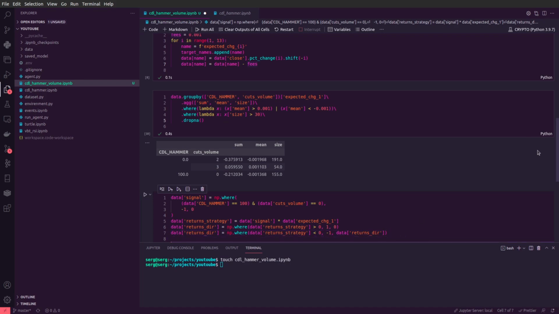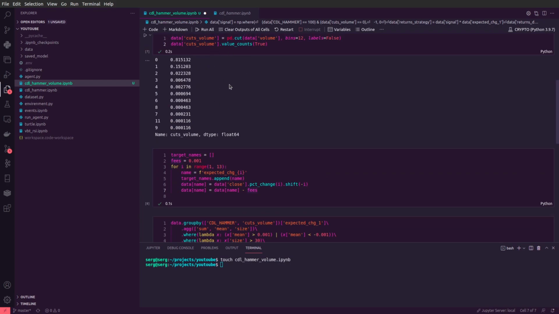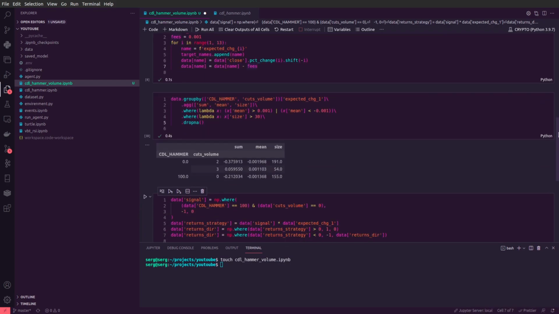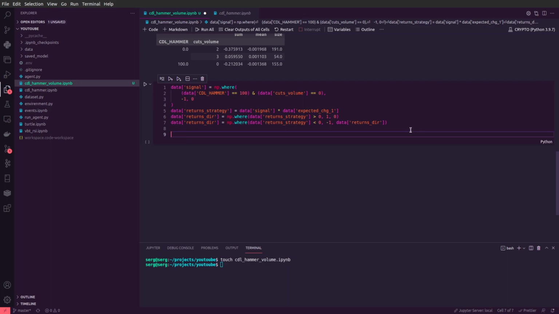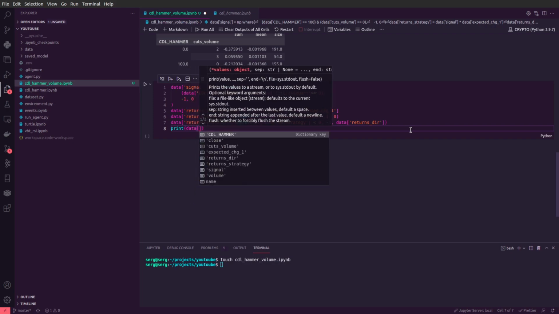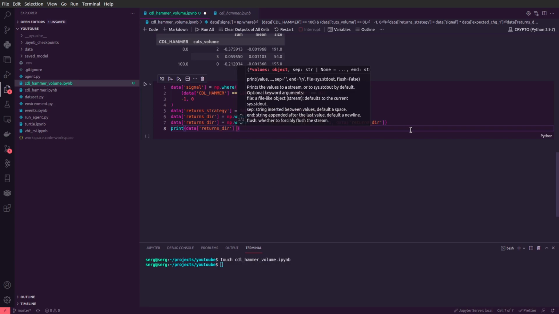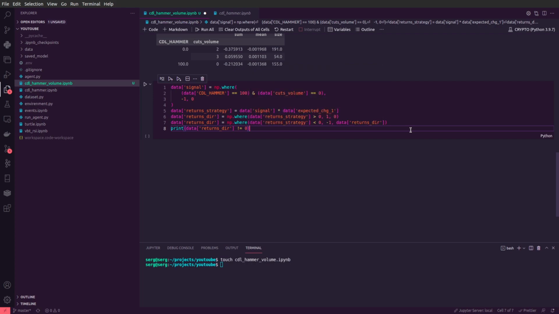Let's calculate the percent of change. For these cases, let's print this data. For example, I need to take data for returns dir when the data is not equal 0.